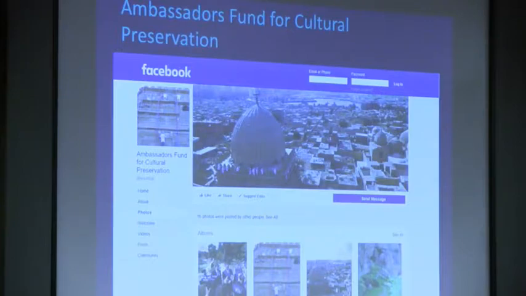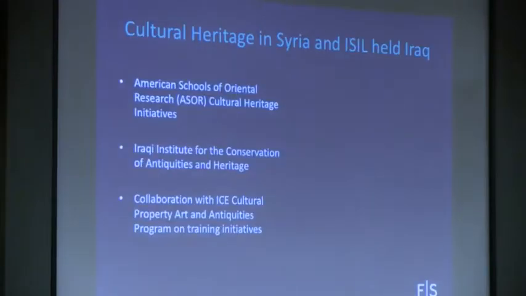It feeds into the 1970 convention efforts, but it also does marvelous work with restoring and protecting buildings, collection sites, and also inventorying those sites to help the other countries build their infrastructure so that they know what's going on.